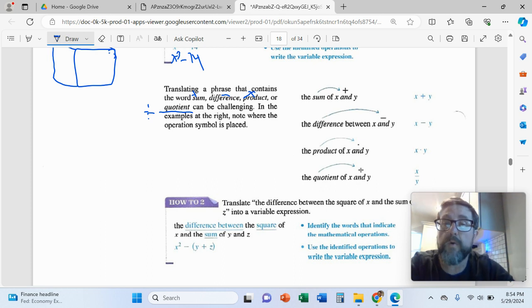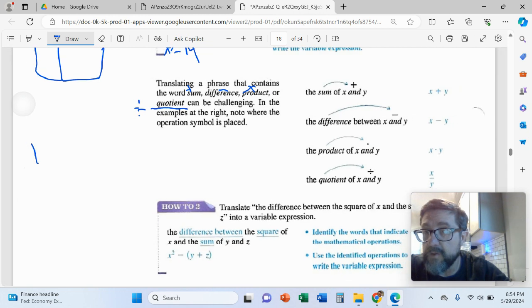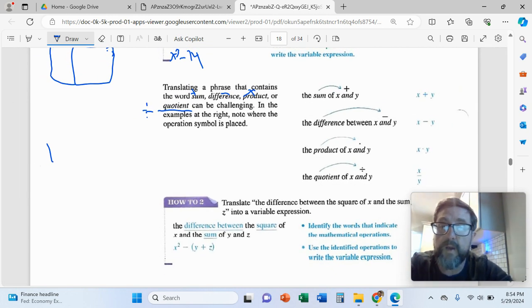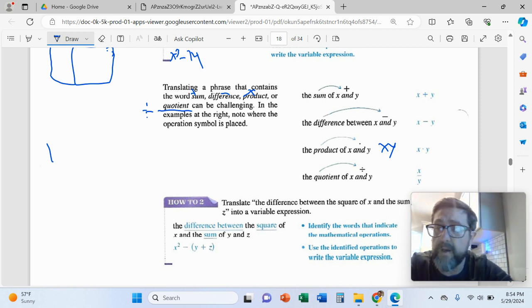We had those up on the board. So the sum of x and y is x plus y. The difference between x and y is x minus y. The product of x and y means x times y, and they use the little dot there to show times. Technically, in algebra you could just put xy, because that automatically means multiply, but they put the dot there to help you out. They're not going to put an x there, though, because it's not xxy.